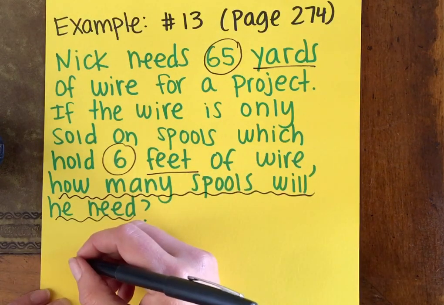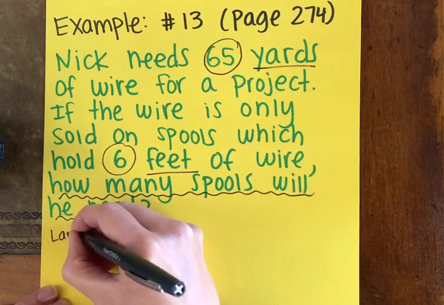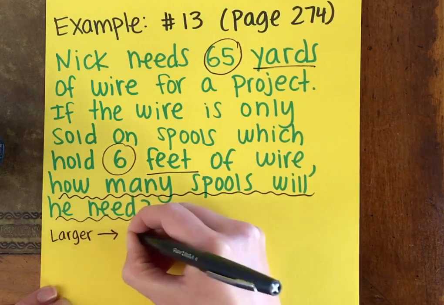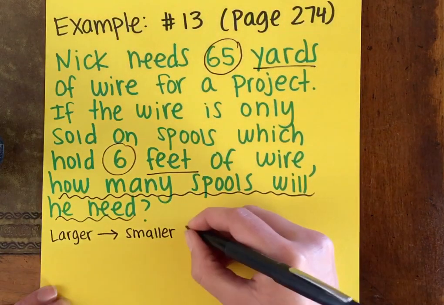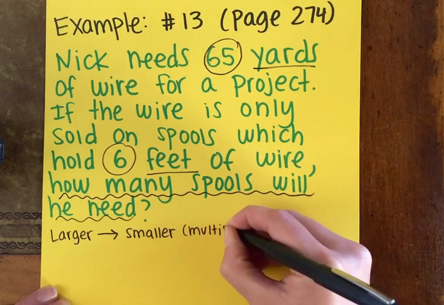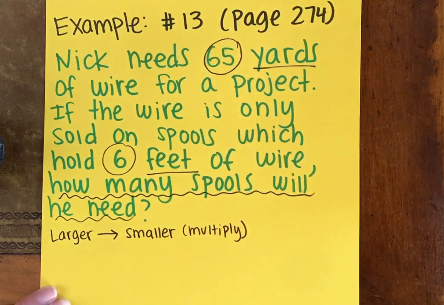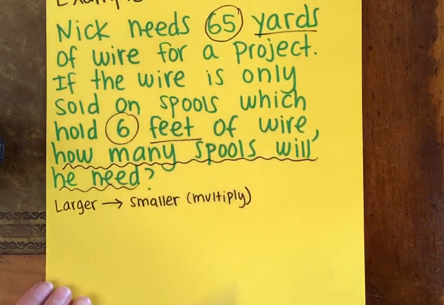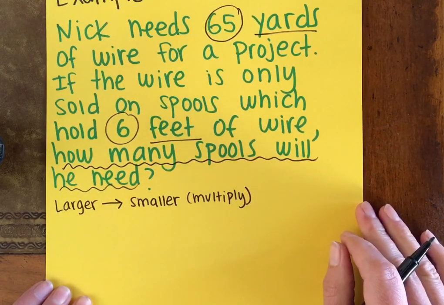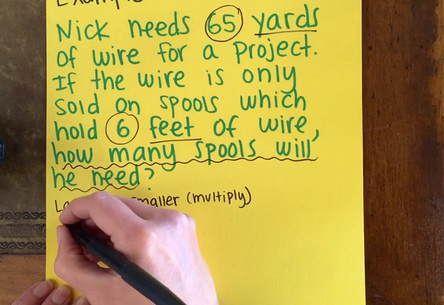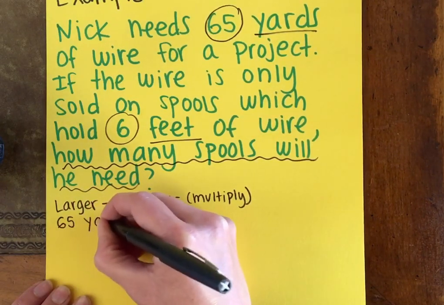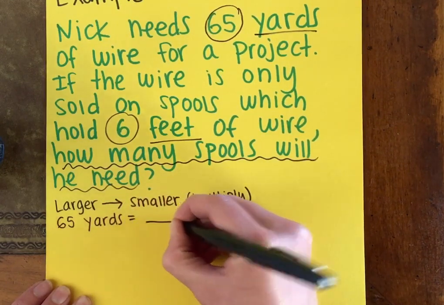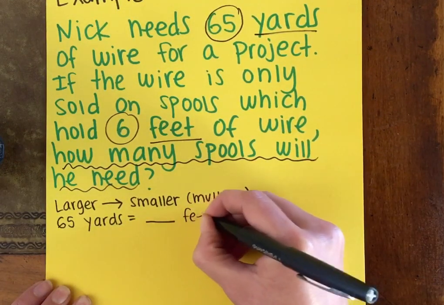So that means that I'm going from a larger unit to a smaller unit, and we learned that doing that means we need to multiply. So my first step in this problem then is to figure out how many feet of wire Nick needs, because then I can begin to figure out how many spools he needs. So I'm trying to figure out how many feet are in 65 yards, just like the problems on the previous page.